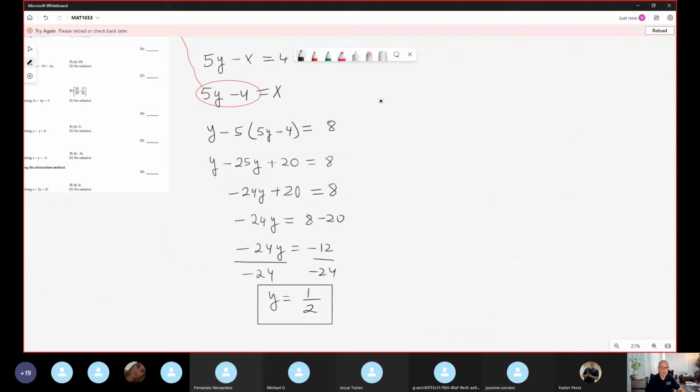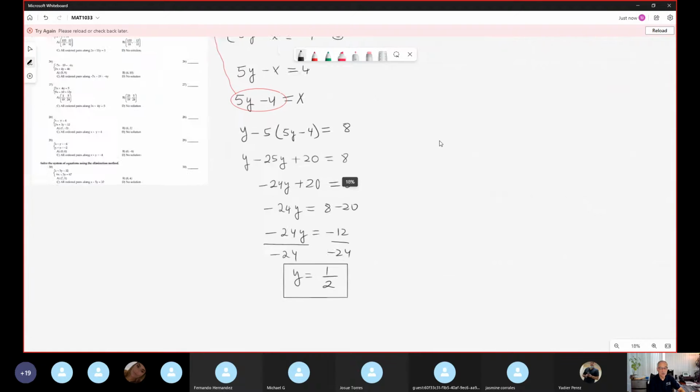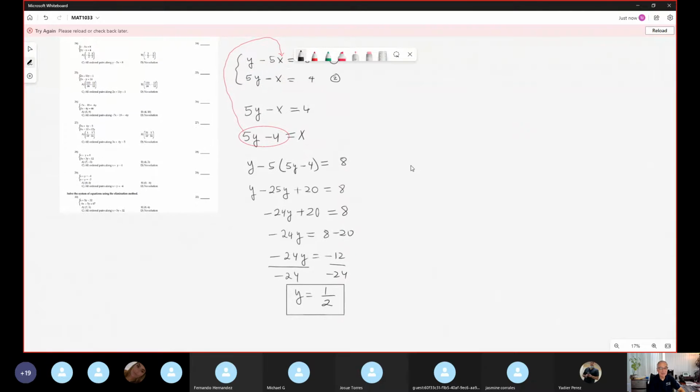Oh no, so not infinitely many solutions, it's a unique solution. Now, in order to find the x value, again substitution here. So 5 multiplied by 1/2 minus 4 equal x. It's 5 over 2 minus 4 equal x. Now again, the same dilemma some students have: how do we combine this? Well, you find the LCD. The LCD is 2, because 4 is a whole number, 4 over 1, and the LCD between 2 and 1 is 2.